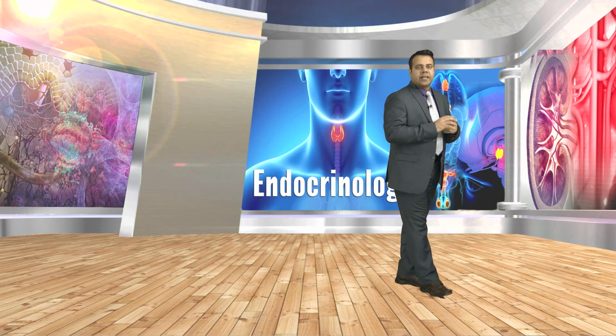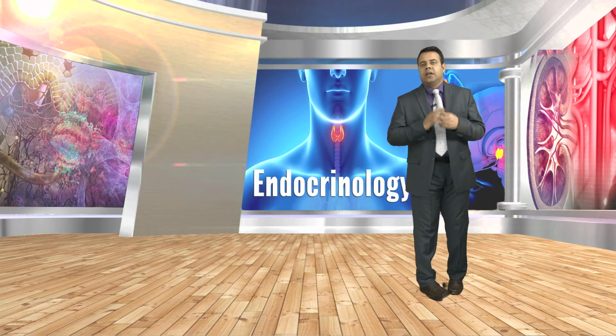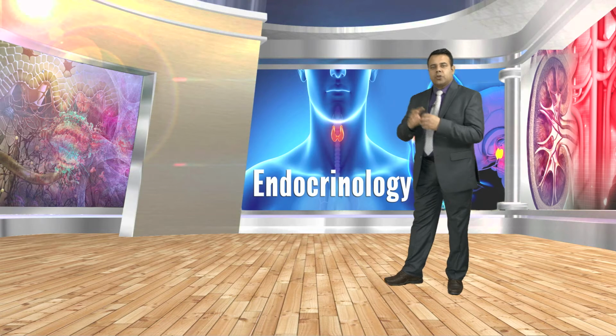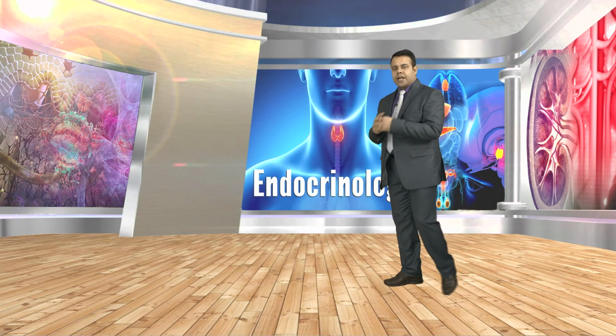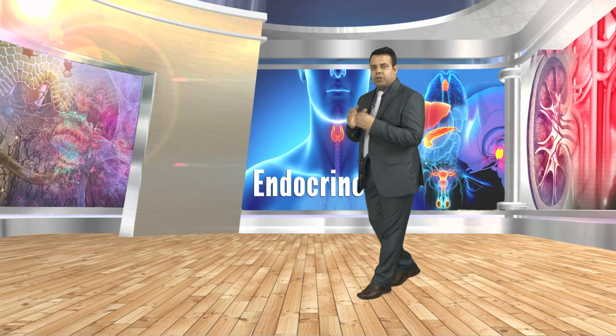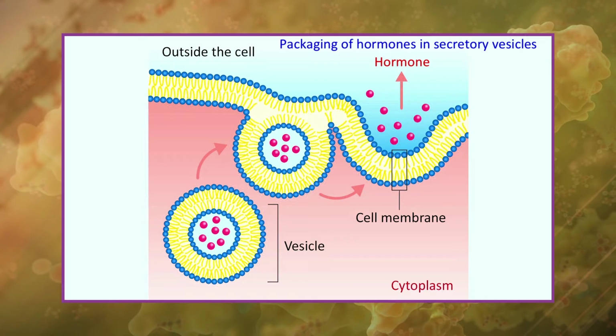In this process, enzymes in the vesicles cleave the prohormones to produce smaller biologically active hormones and inactive fragments. The vesicles are stored within the cytoplasm, and many are bound to the cell membrane until their secretion is needed for the action.